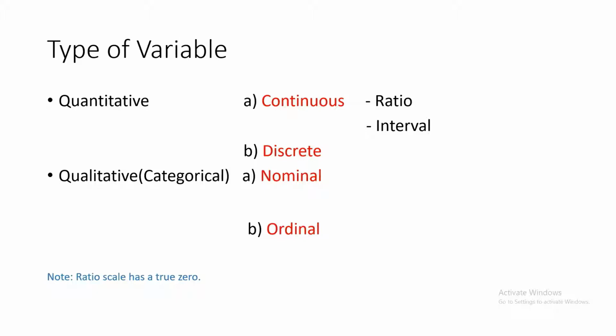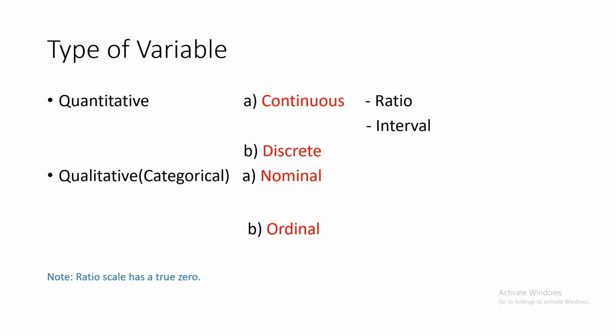So weight is a ratio scale. But when we take the example of temperature, 0 degrees Celsius doesn't mean there is no temperature. 0 degrees Celsius means there is still temperature. So it is not a true zero. So temperature is an example of an interval scale.